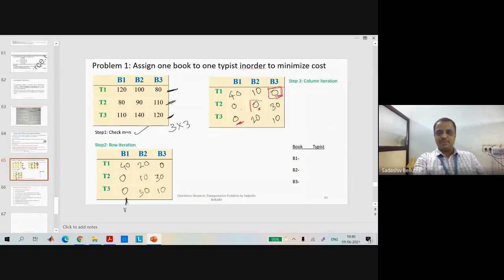Now if you assign this one, this should be cancelled because it comes in the same line, and whatever zeros come in this column should be deleted, but unfortunately there are no zeros in this column. Now what is remaining? Last one is T3. This is the step number 5. Likewise we need to assign.